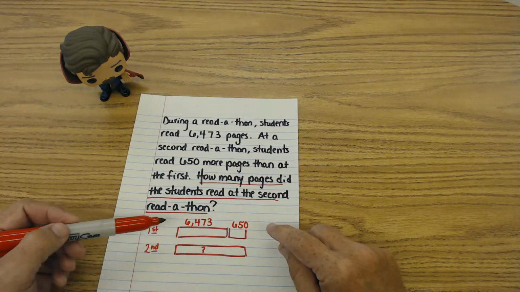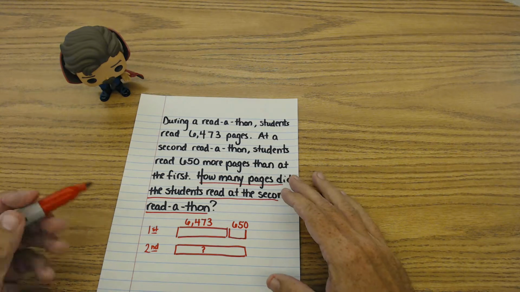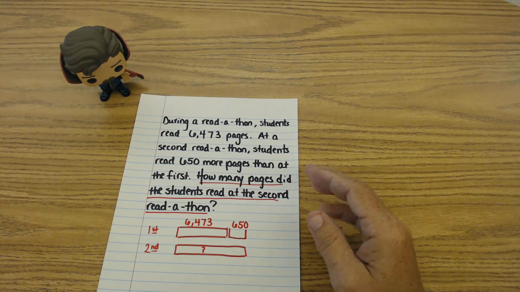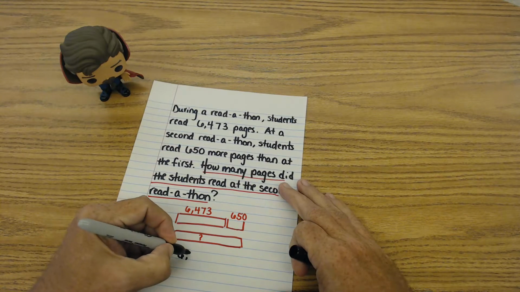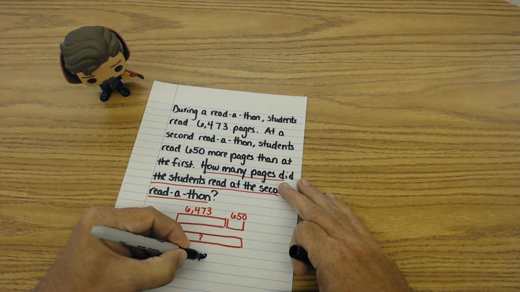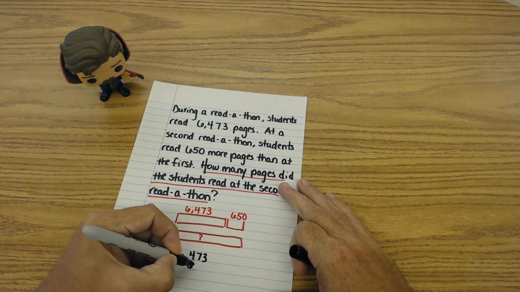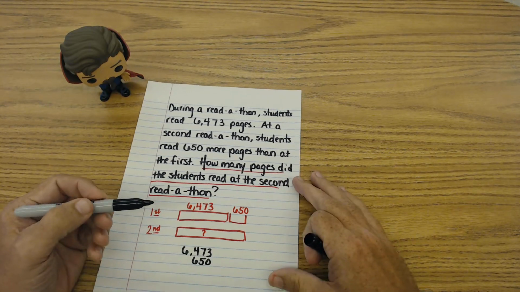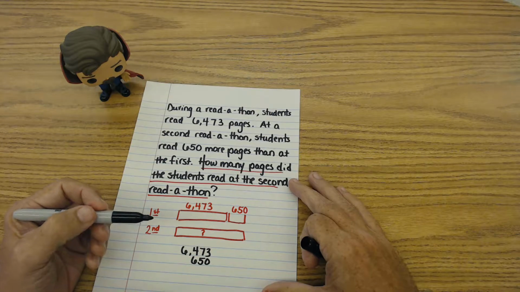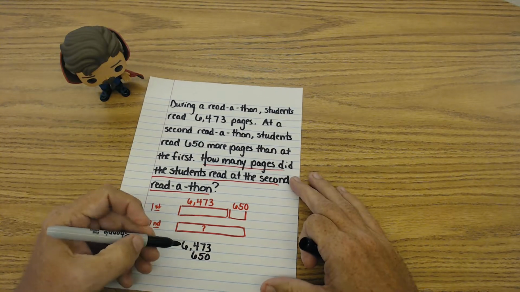And as soon as we see that, we know that this is going to be an addition problem. So we take the number of pages from the first readathon, we add to it how many more pages were read in the second readathon.